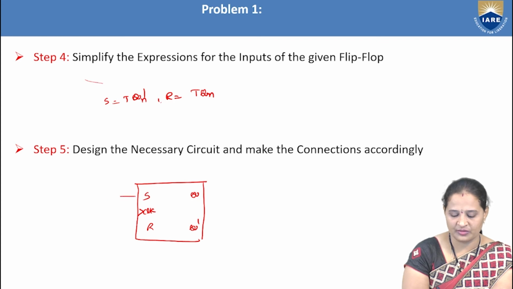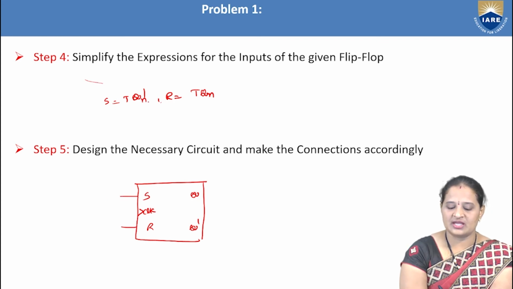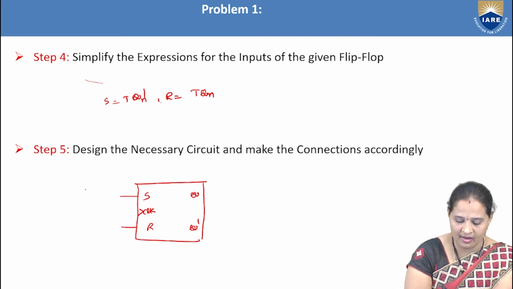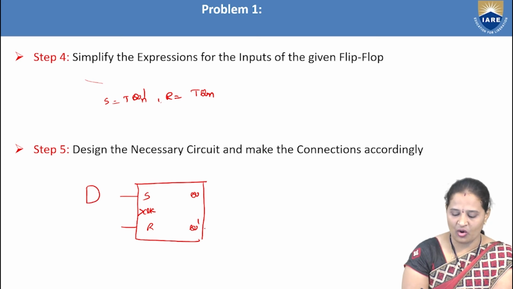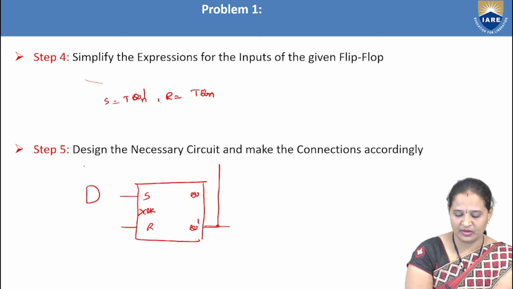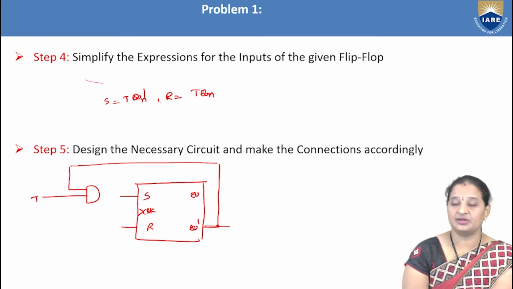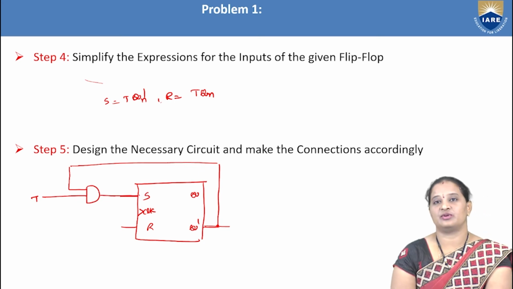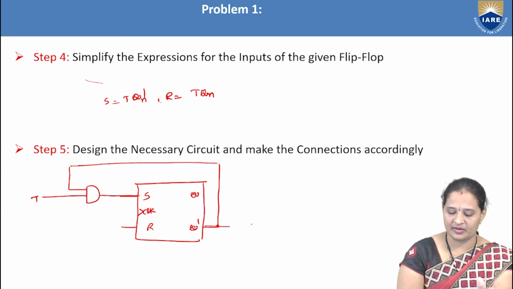So S is nothing but T into Qn complement, so I need an AND gate here. I'm taking Qn complement and giving it as input to the AND gate, and one of the inputs is T. This is given as the S input, T Qn complement. Now what about R?